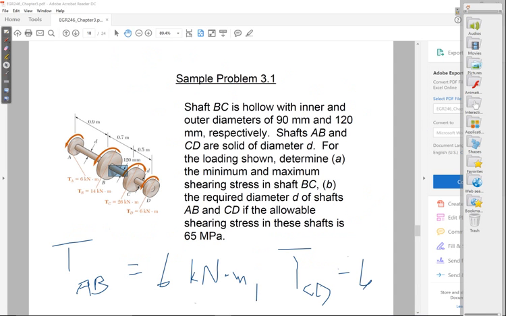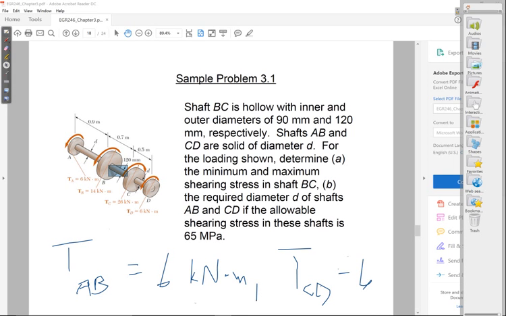Now, if you think about that, what can you say about the diameter that you get? Must you design this shaft to be that diameter? Must AB and CD be exactly that diameter that you solved for? Not necessarily.